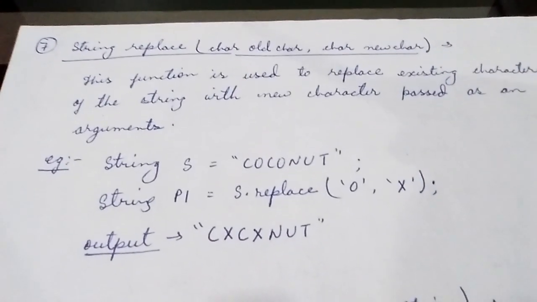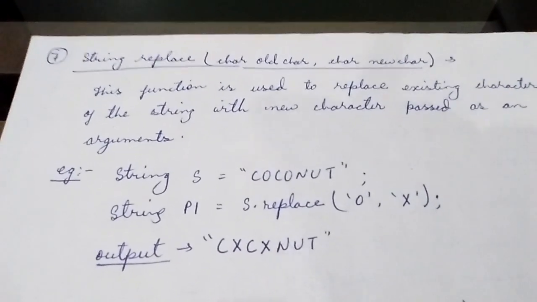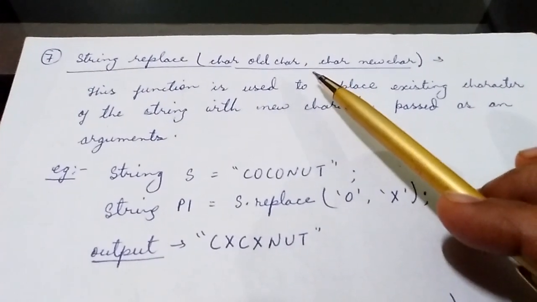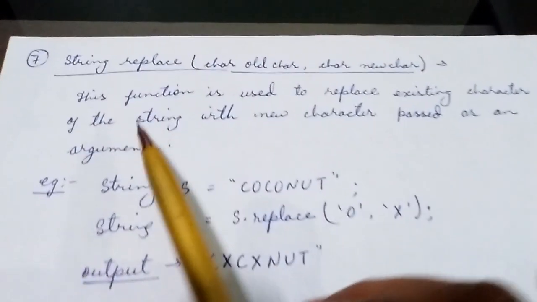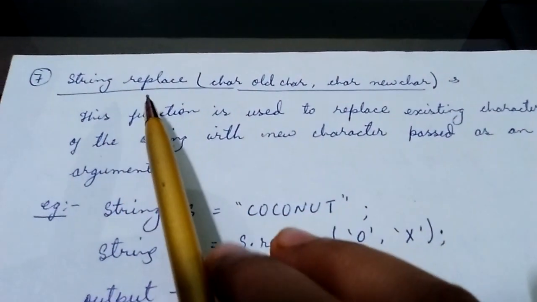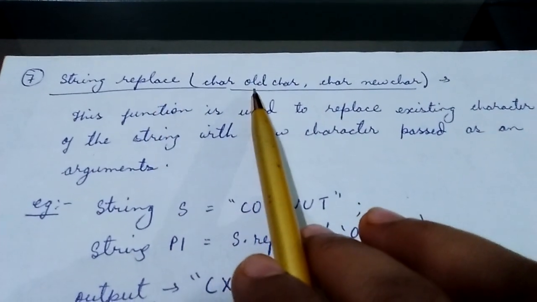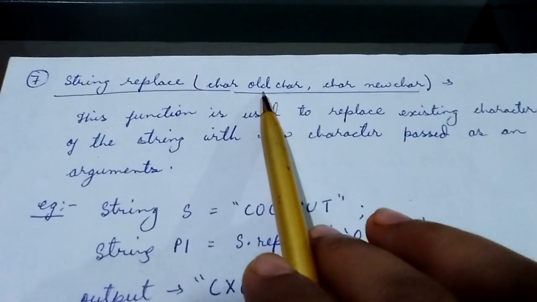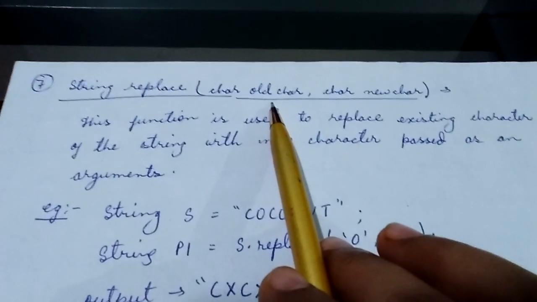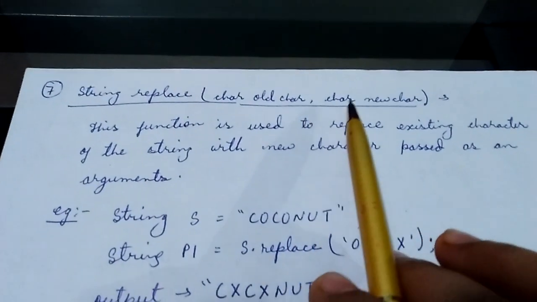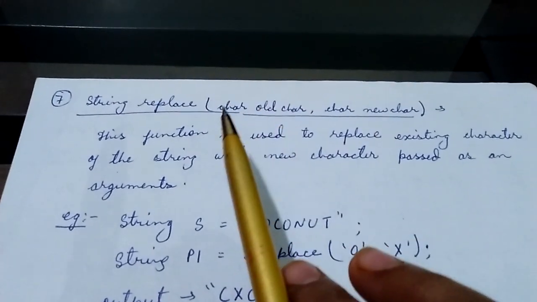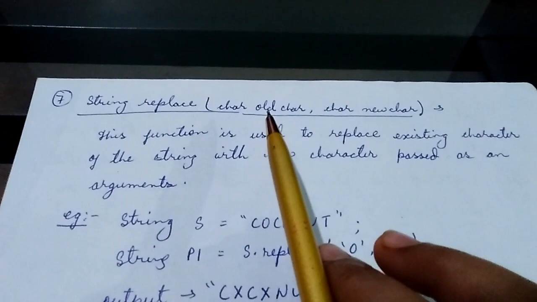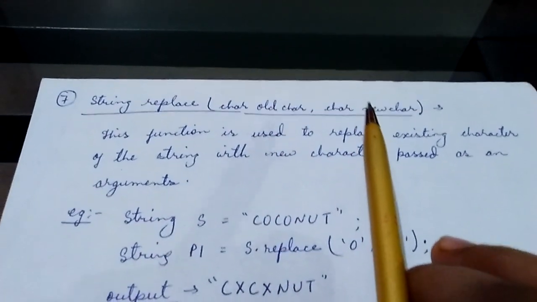Now the replace function works in two ways: one to replace character to character, another to replace string to string. So the syntax is string dot replace. We first write the old character which is present in the string, comma, the new character which you want to replace it with. Means the old character will be replaced with the new one.